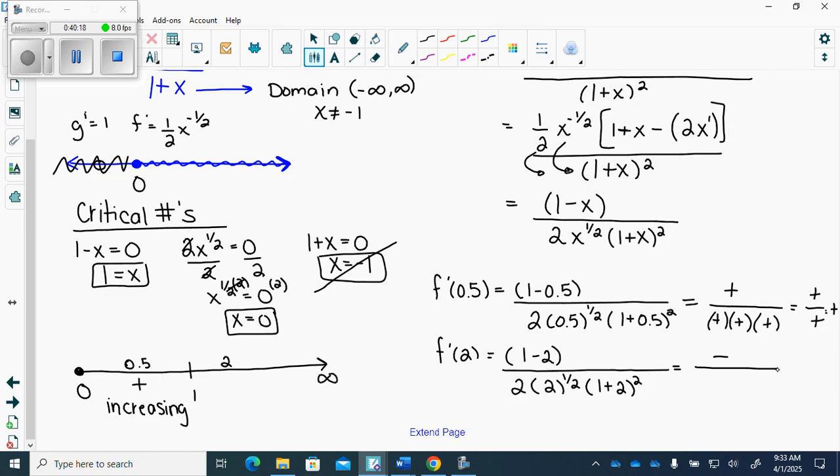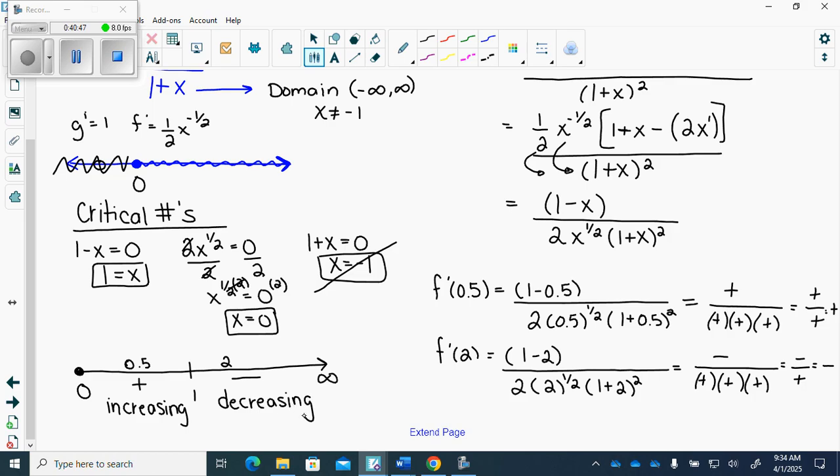Over 2 is positive. 2 to the half, anything square root positive is positive. Anything squared is positive. So I end up with a negative over a positive. What does that result in? Negative. A negative divided by a positive is a negative. We agree? So then we're decreasing here. And our graph showed that.